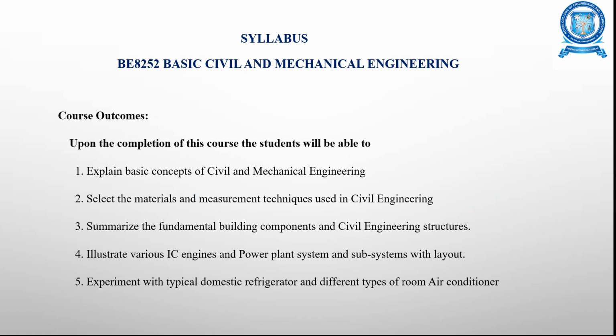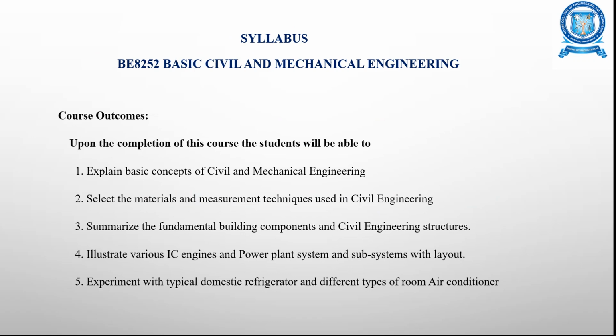Upon completion of this course, the students will be able to explain basic concepts of civil and mechanical engineering from Unit 1. And from Unit 2, the students will be able to select the materials and measurement techniques used in civil engineering. And the students will be able to summarize the fundamental building components in civil engineering structures from Unit 3.